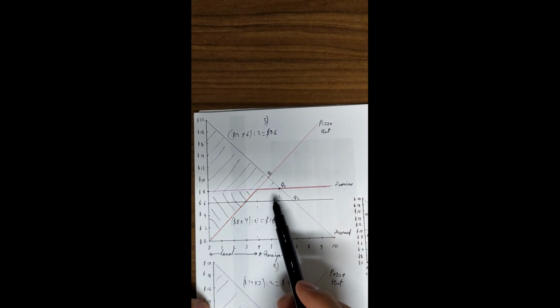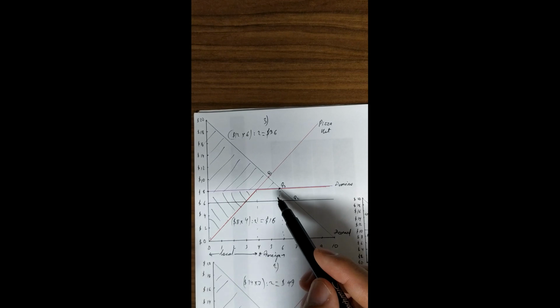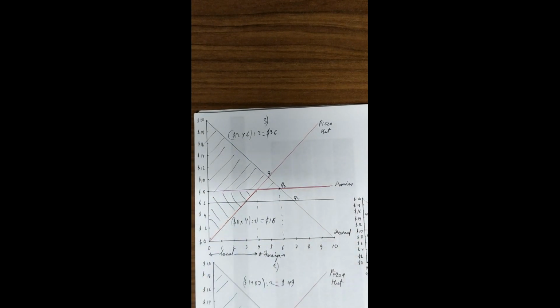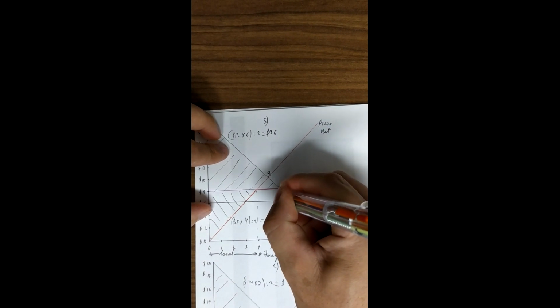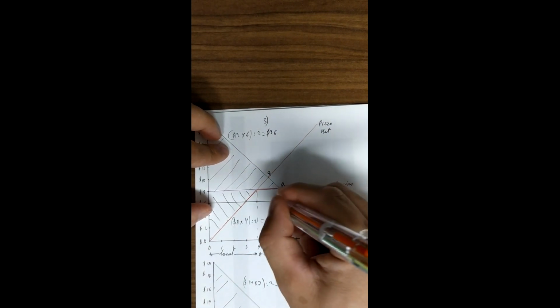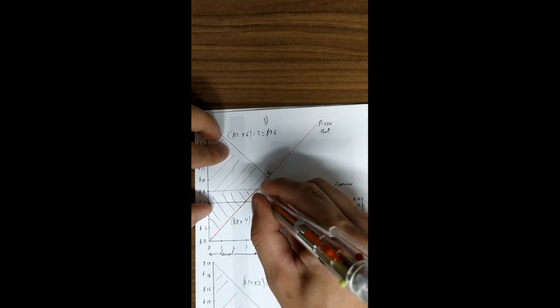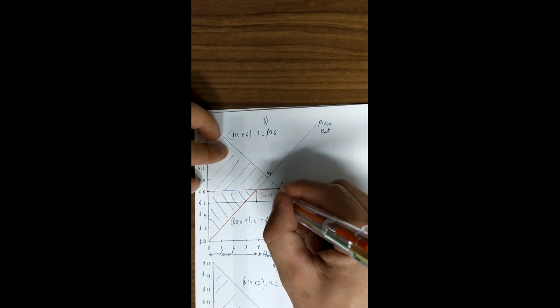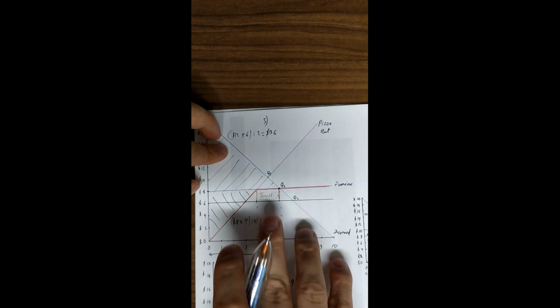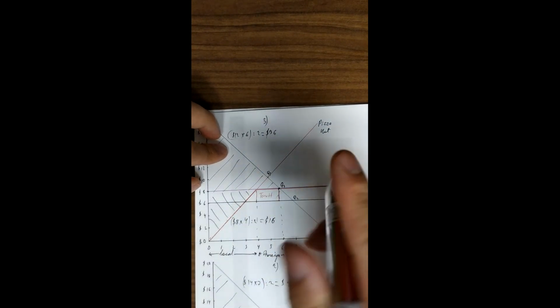So the most important thing now, we have to find our tariff. So here is the tariff area. Okay, this is our tariff area. Tariff is $2. So we can calculate the tariff.